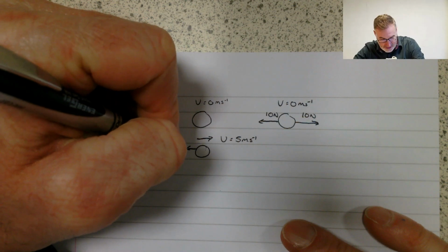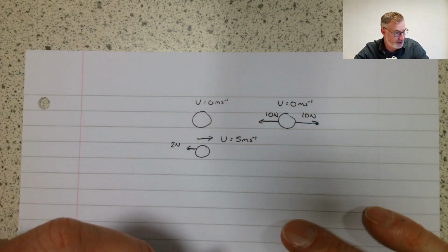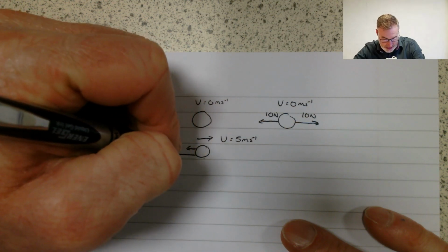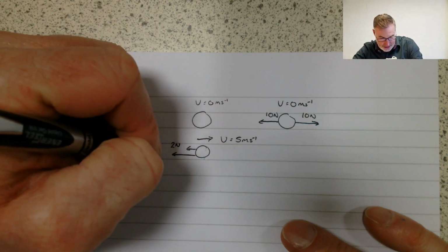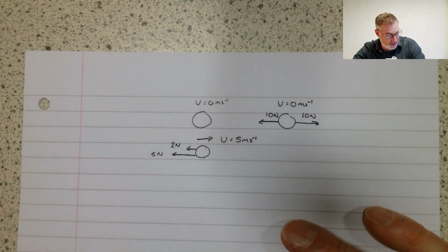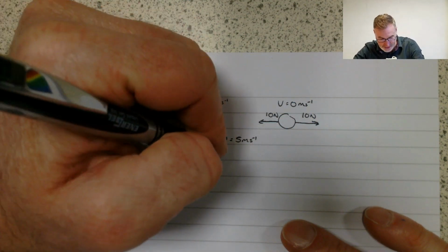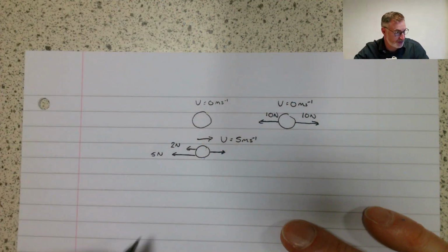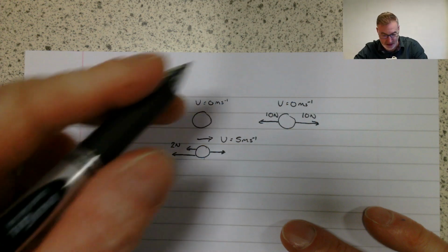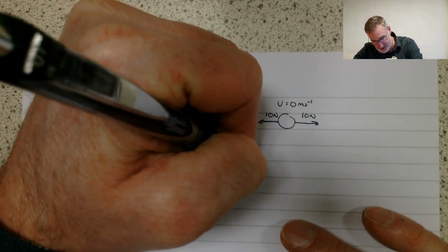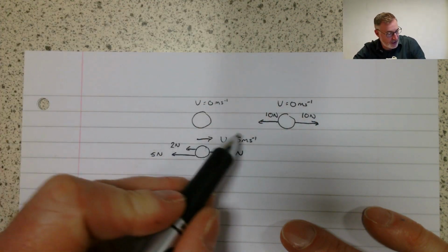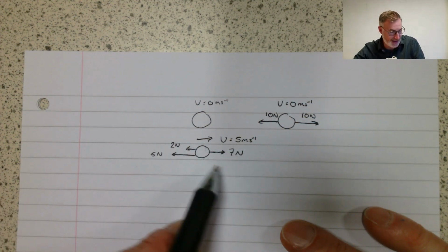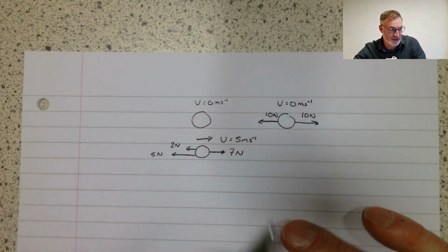We could have a 2 Newton force of air resistance and a 5 Newton force of ground friction or surface friction, and we would know that our driving force, if it's traveling at a constant speed, must be balanced, so 2 plus 5 would be equal to 7 newtons. So again, forces are balanced. They're all in the horizontal plane, but the net force is equal to 0 in every case.